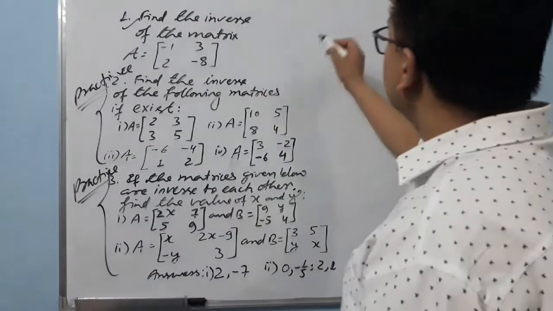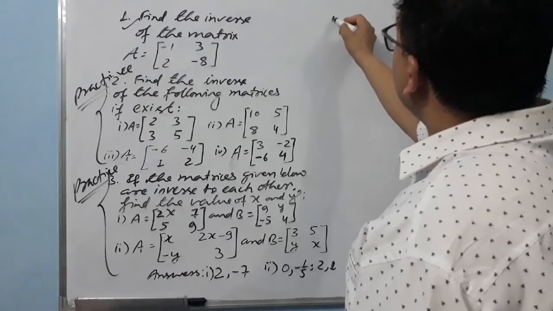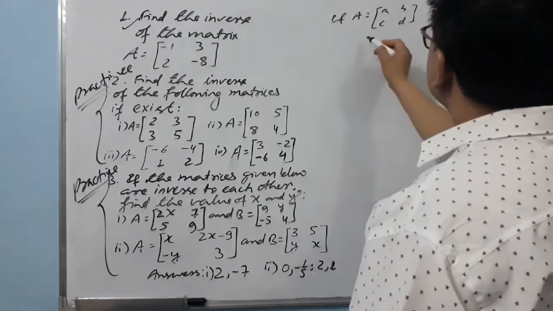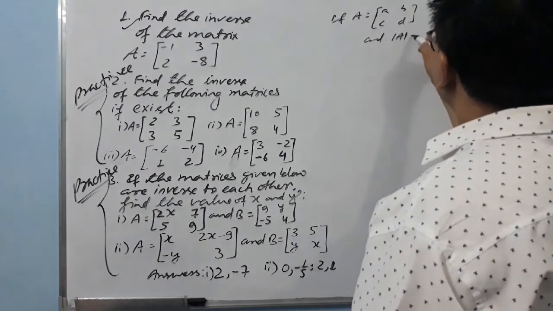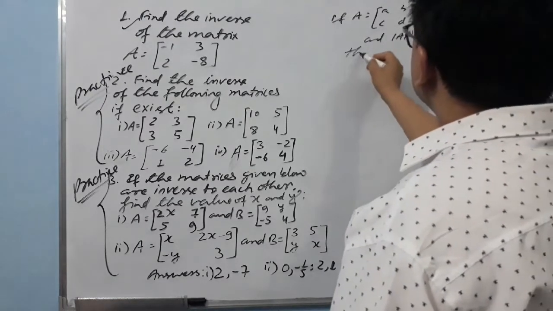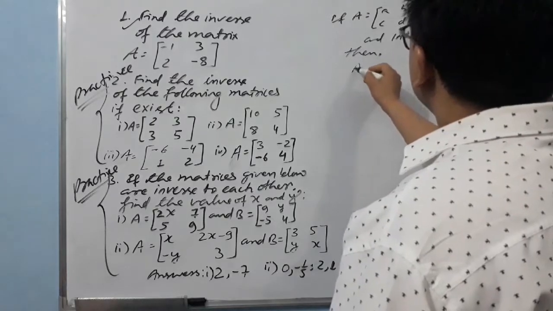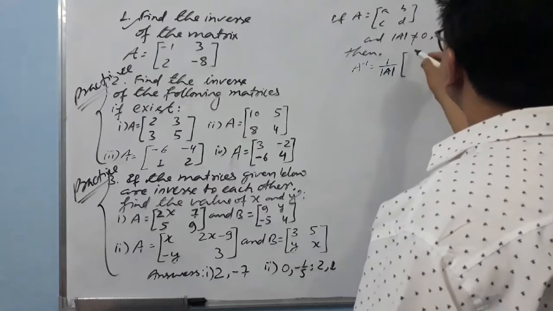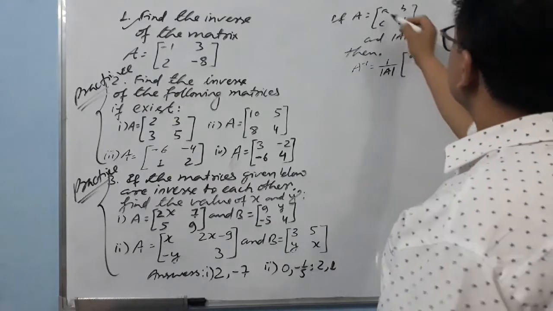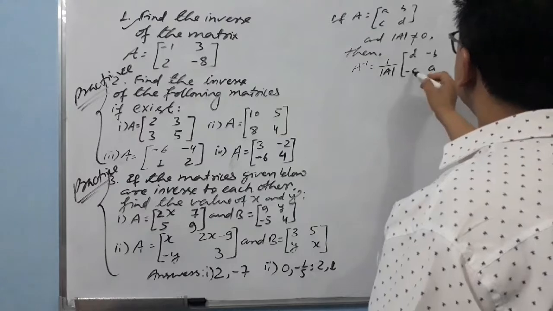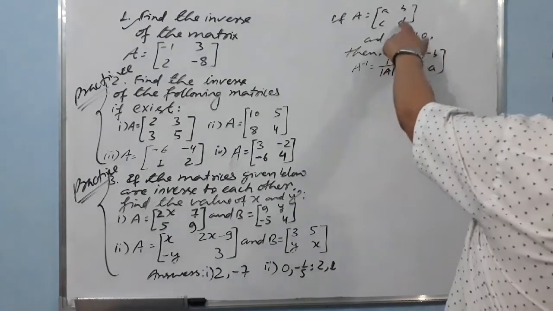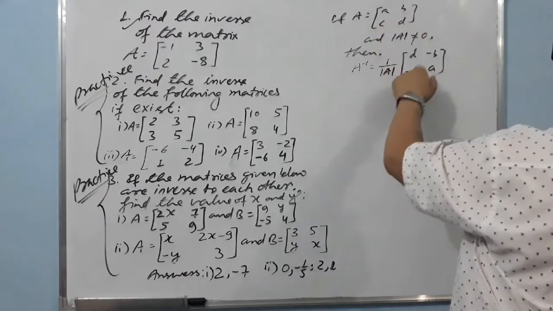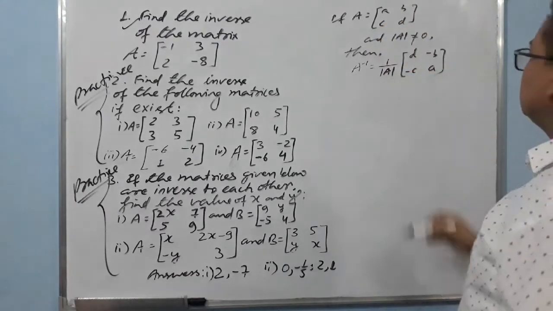Let me recap the formula. We have derived that if A is equal to the matrix with rows A, B and C, D, and determinant of A is not equal to 0, then A inverse is equal to 1 upon determinant of A times the matrix D, minus B, minus C, A. Here the main diagonal elements interchange their places, and for the other two only the sign changes.